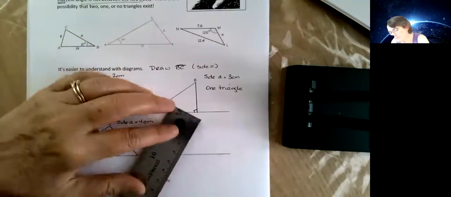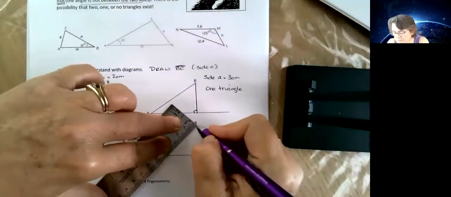Well, here's the trick. I can also take my line. Oh, it's going to be really hard to draw. And I can go back this way, and make it 4 centimeters.